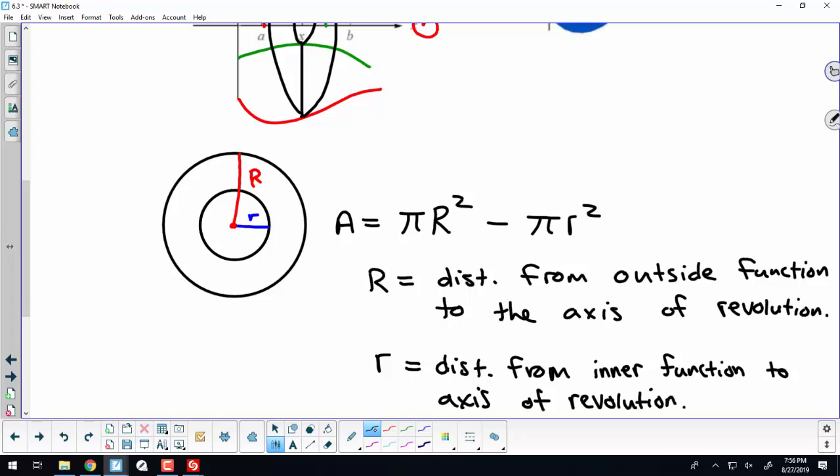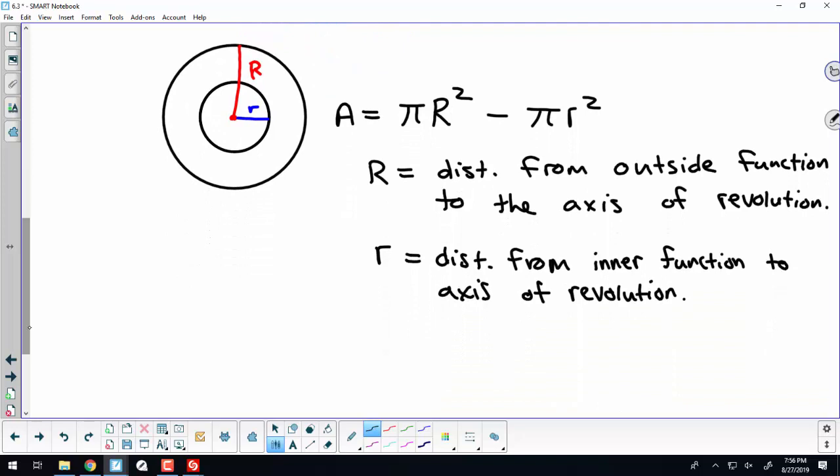So the function that's closest to the axis of revolution is how we measure the lowercase r, or the inner radius. Really, the way you see that in terms of functions is that the pi is factored out. We have outer radius squared minus the inner radius squared. That gives us the area of the disk, and that's what we're integrating. Integrating an area times a length gives us a volume.